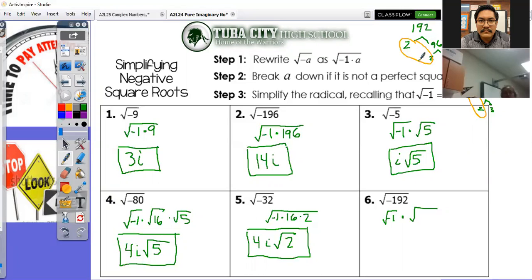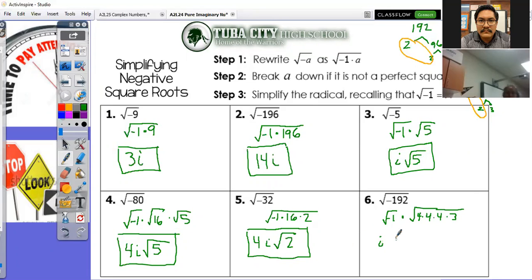And what you can do is put these back together. So that's going to be 4 times 4 times 4, because we haven't taken them out of the radical yet, times 3. I could even put these back together to make 64, so I can take the square root of 64, but I'm just showing you another way you can do this.